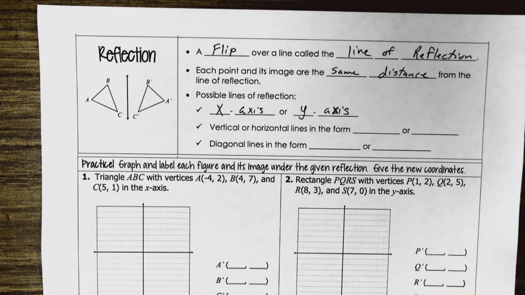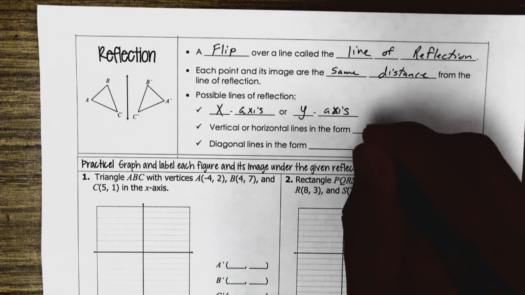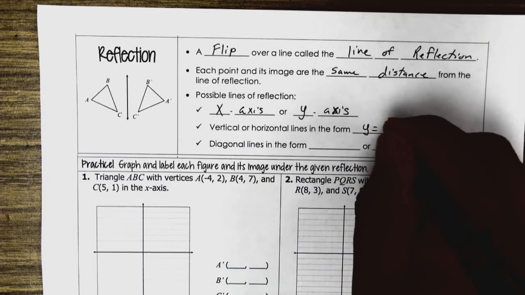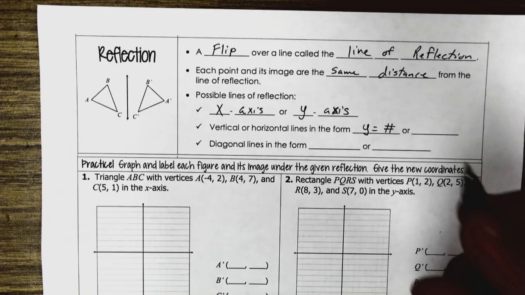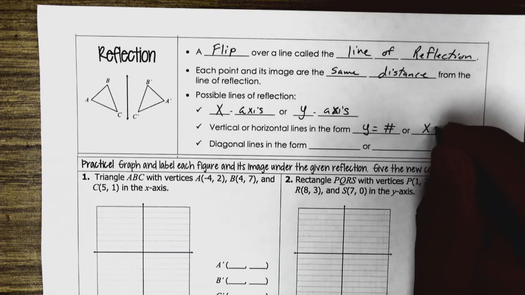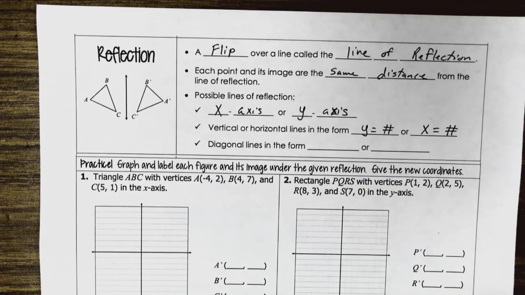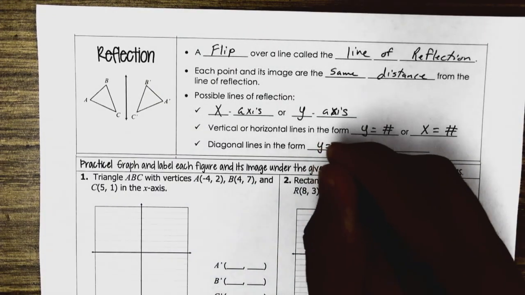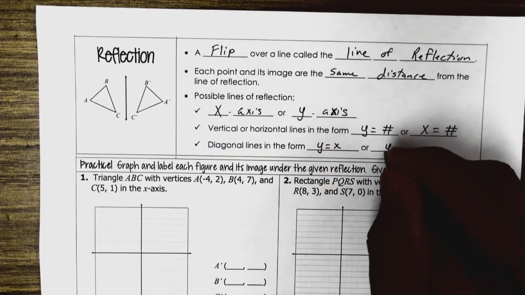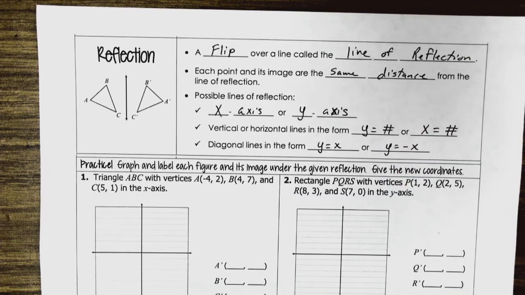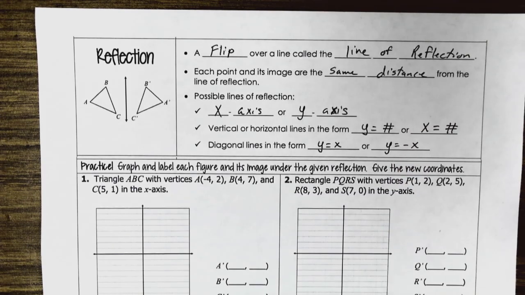Horizontal lines would be written in the form y equals some number, and vertical lines are written as x equals some number. We'll get into those examples in a little bit. And then, of course, we have diagonal lines that we can reflect over. These lines are going to be y equals x and y equals negative x. But we will tackle those types of reflections in a bit.